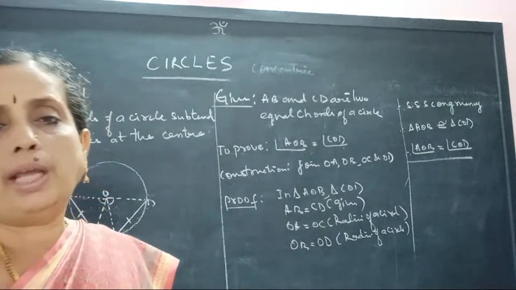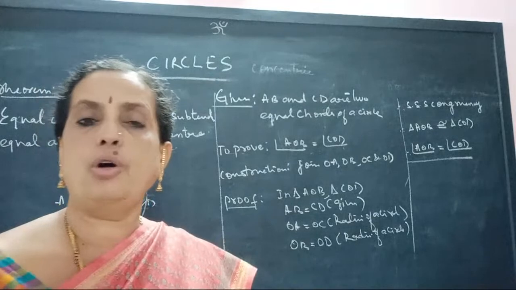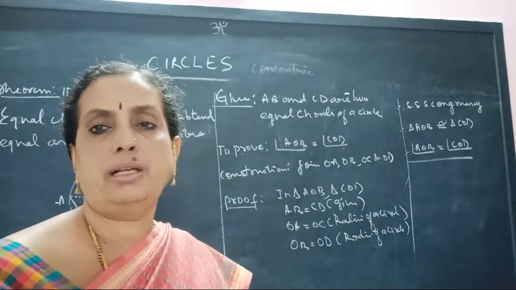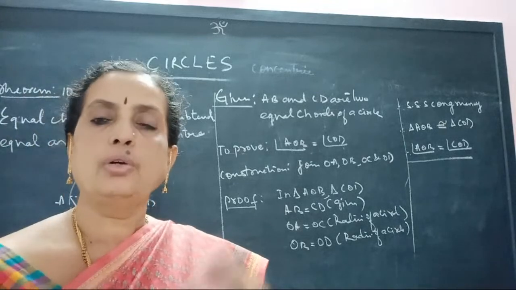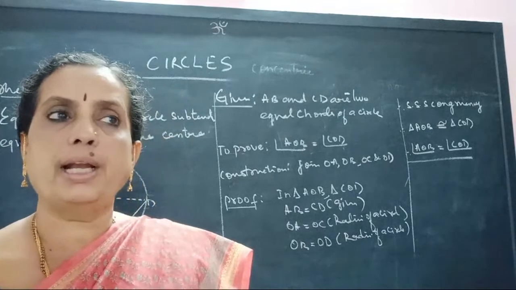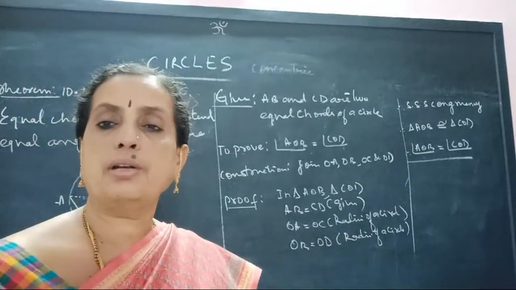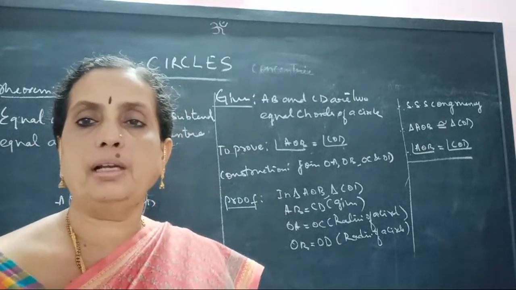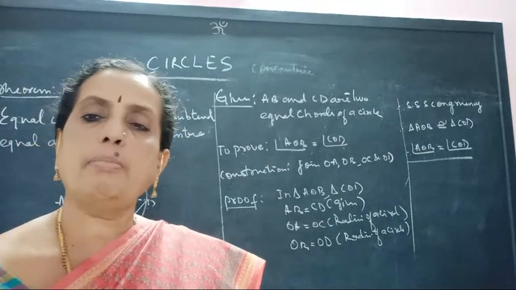That means we can prove that triangles are congruent when all three sides of one triangle are equal to three sides of the other, or two sides and included angle are equal to two sides and included angle of the other, or two angles and a side, or by RHS.